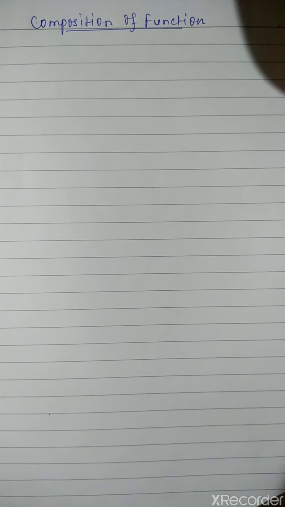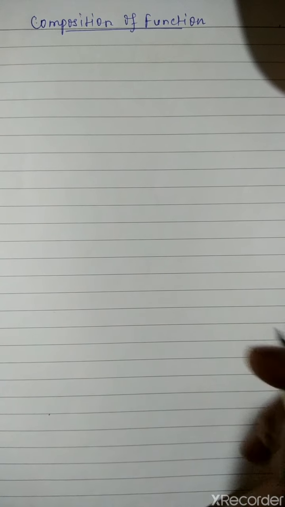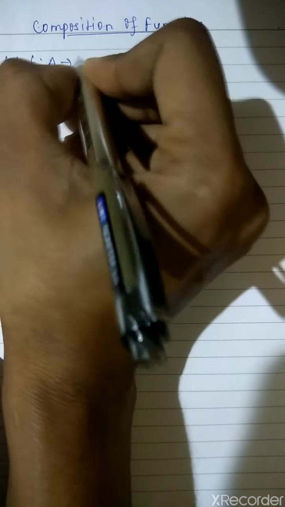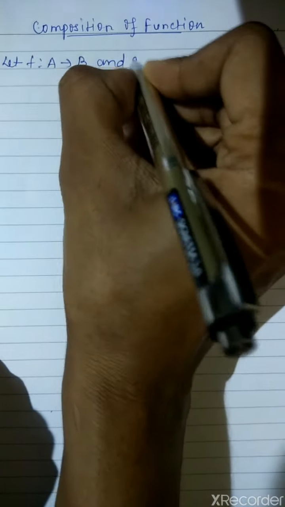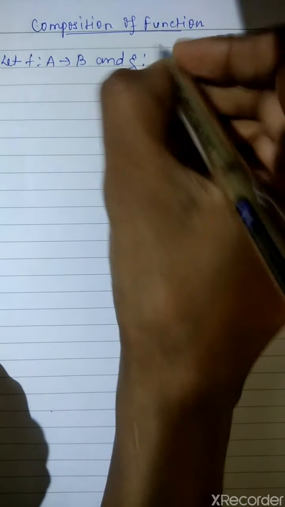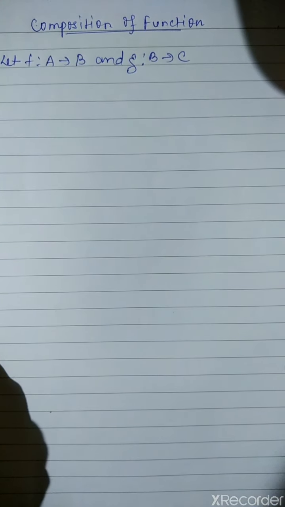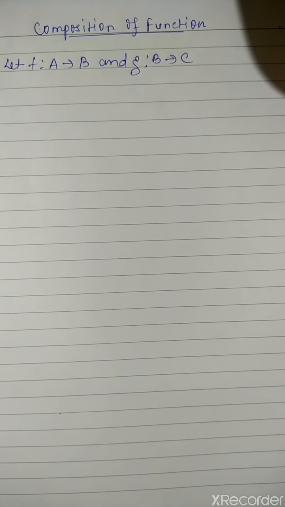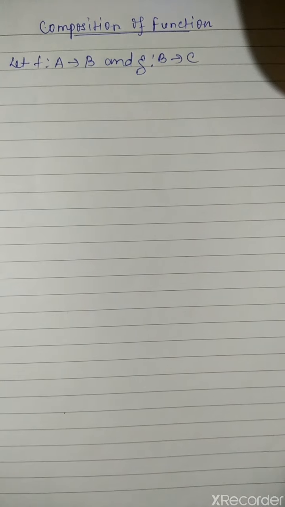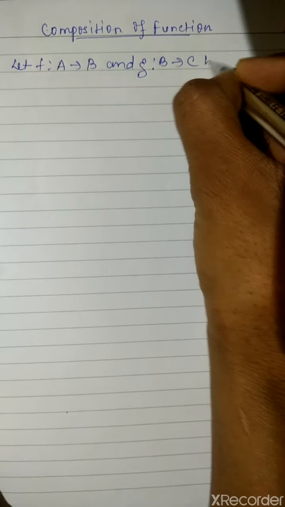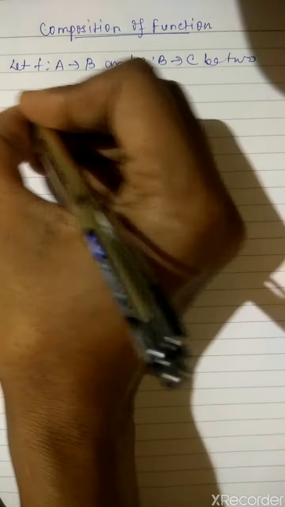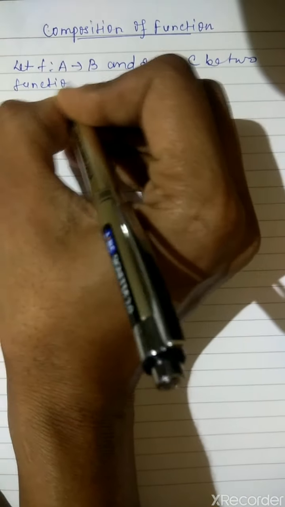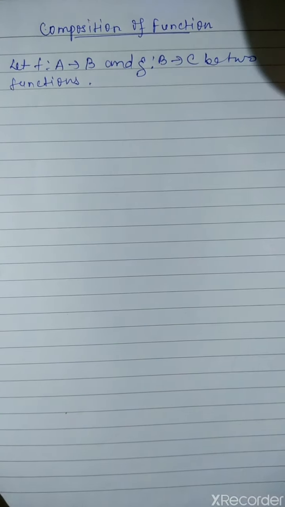To define a composition of function, we'll take two mappings, that means relations. So let F be a mapping from A to B and G be a mapping from B to C. Here G is a mapping from B to C. These are two functions.